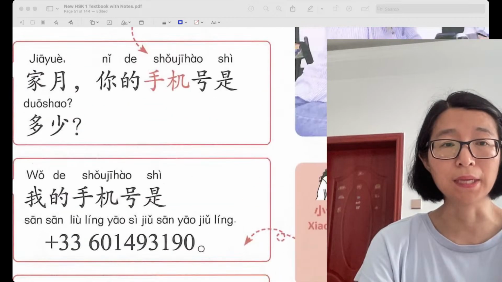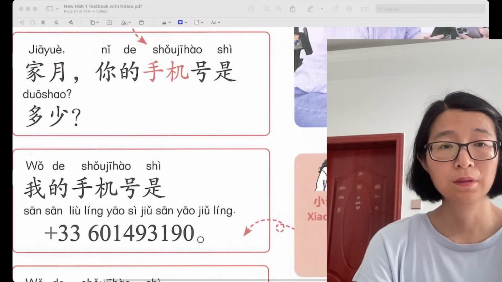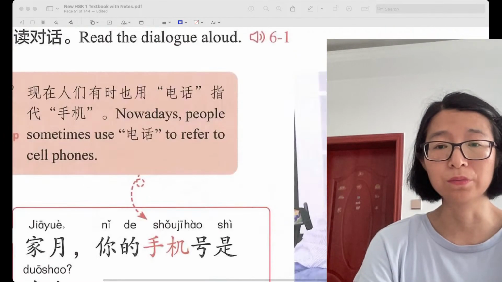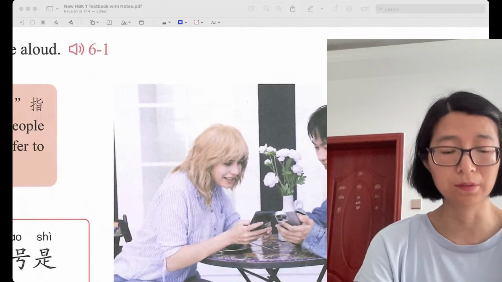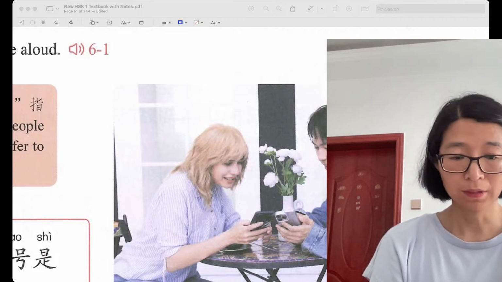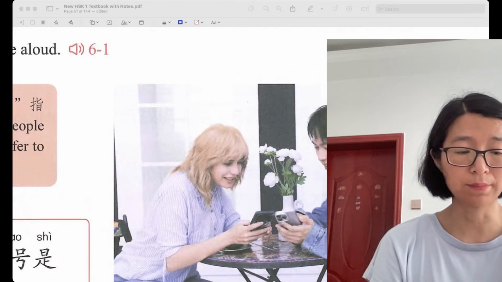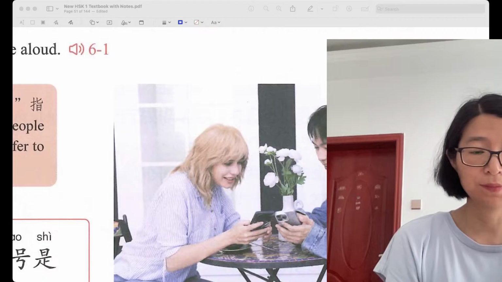Now let's say the dialogue. Okay, so I would like to show you the picture, so you can see this picture, 2 persons are talking about something, right?